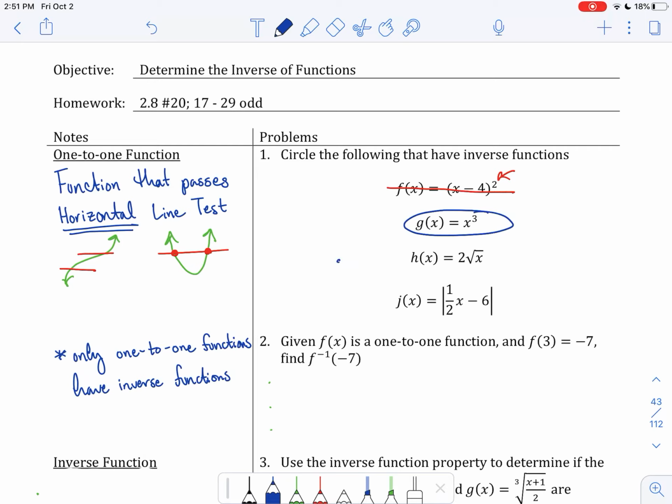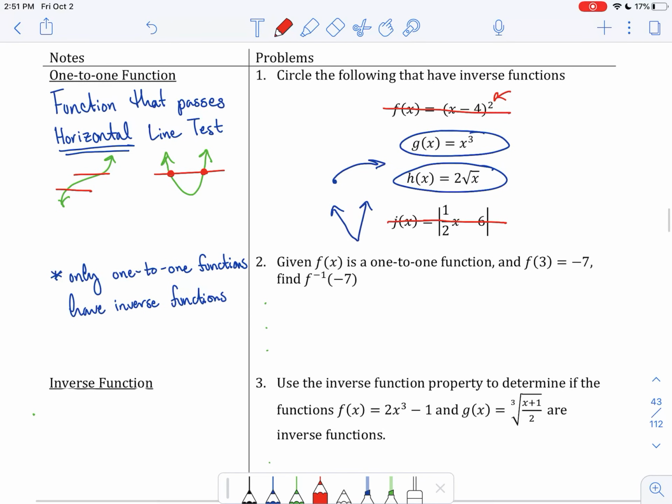Now, 2 root x, if you graph this on your calculator, or I'll graph it now, it's going to look like this. So it's like half of a sideways parabola. It also passes the horizontal line test. Now, j, these absolute values, remember, the graph of absolute value looks like a V. So this does not pass the horizontal line test and does not have an inverse function.